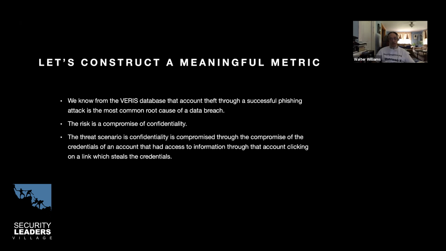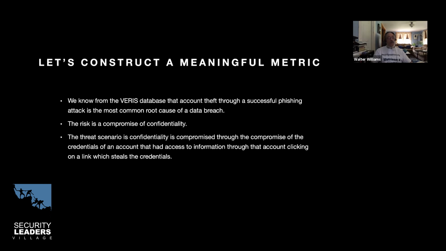Now let's construct a meaningful metric, and we'll use a data breach because that's something most people are familiar with. We have the Verizon database that we can use to take a look at historical analysis and see that account theft through a successful phishing campaign has become the most common cause of a data breach over the past few years.